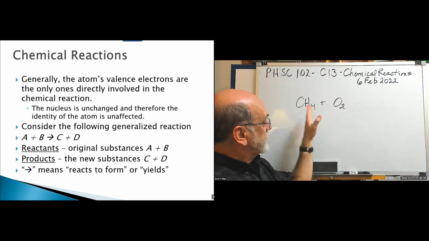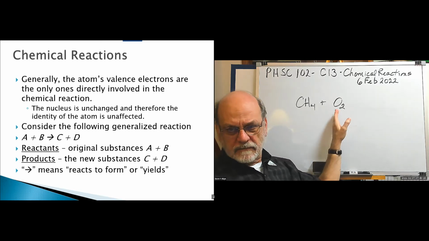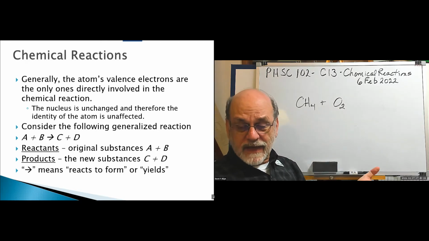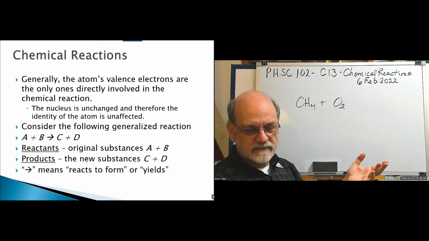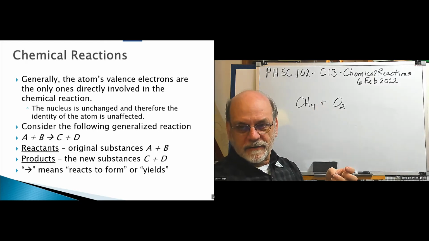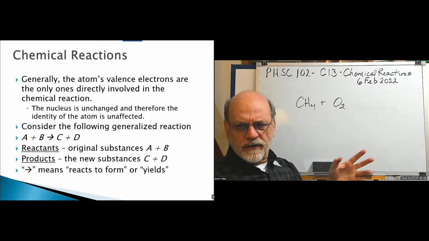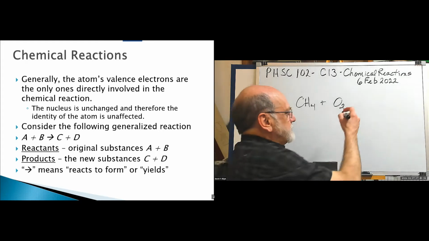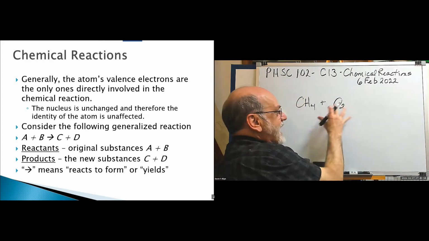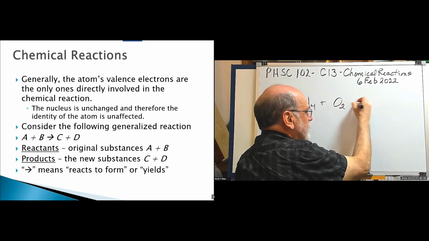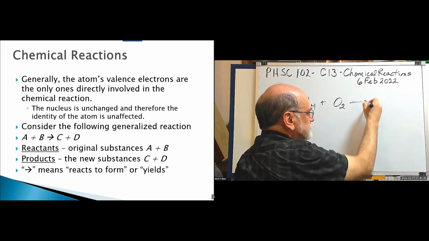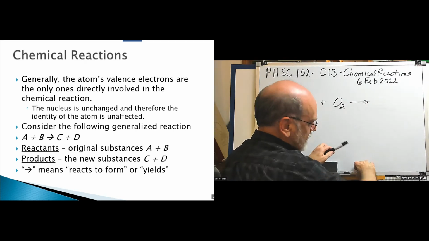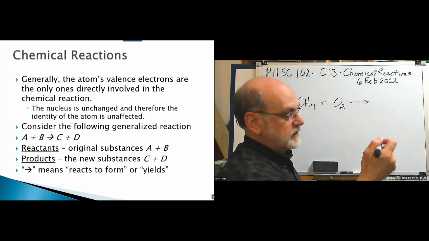All those elements will be diatomic. So when we combine this with that, if we light that burner, where does the oxygen come from? Well, from the air. Oxygen's in the air. There are other things in the air, but oxygen is the one it wants. And then these are the reactants. And when they react, they form products.